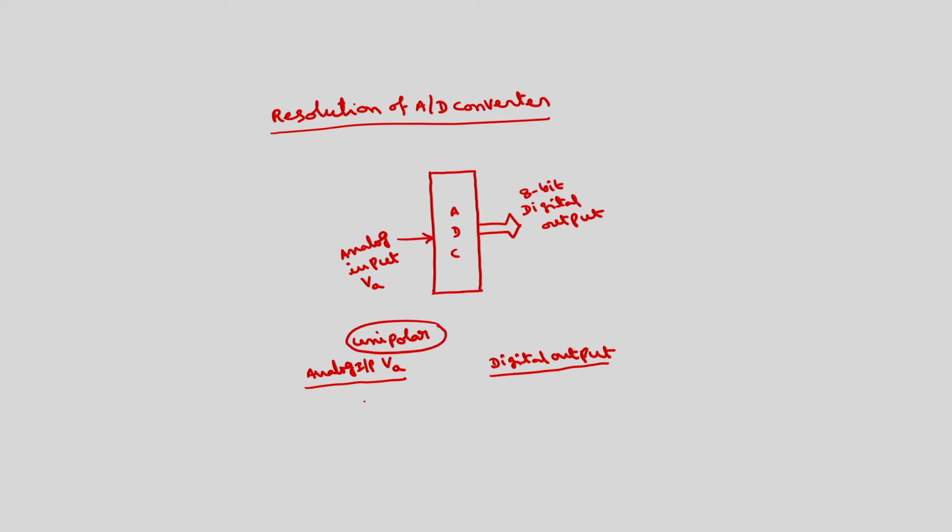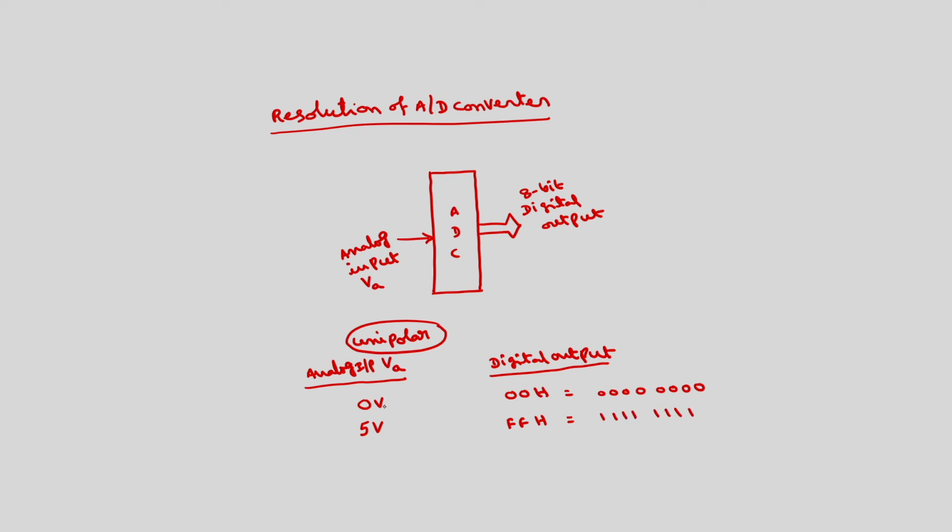So we will take 0 volts as corresponding to 00H, because with 8 bits, 00H is equivalent to 0000 0000, and 5 volts is taken as FFH, which is equal to 1111 1111.